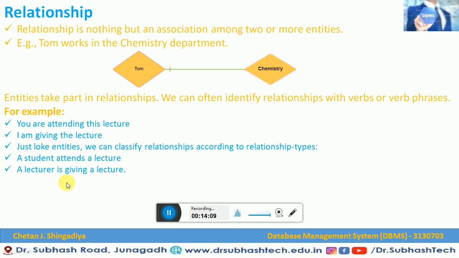So these are simple examples. For the purpose of understanding relationship, like here I have explained that Tom works in the chemistry department, and here you can see there is an association between two or more entities. So we can call it a relationship between two or more entities. So this is what relationship.